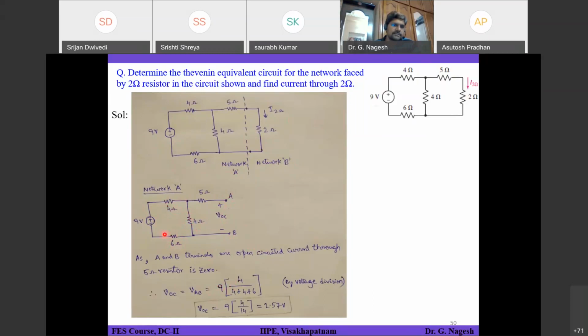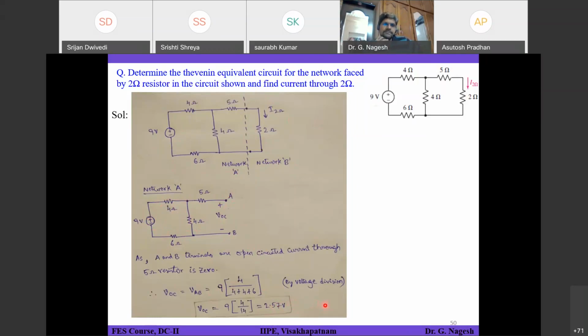Remember, voltage division is applicable only when the circuit is in series. That means the current flowing in all the three resistors is the same. So that's why these three are all in series. So total voltage into 4 divided by 4 plus 4 plus 6 will also give you VOC straight away, which is 2.57. Is it clear?